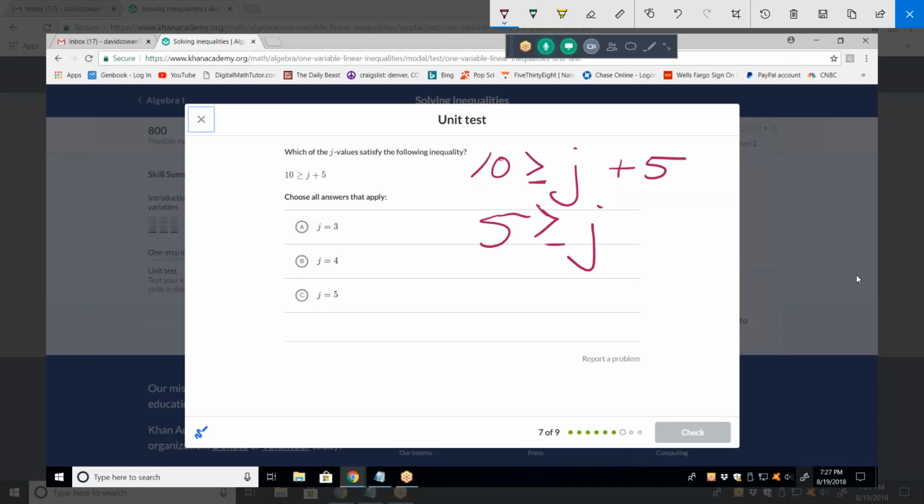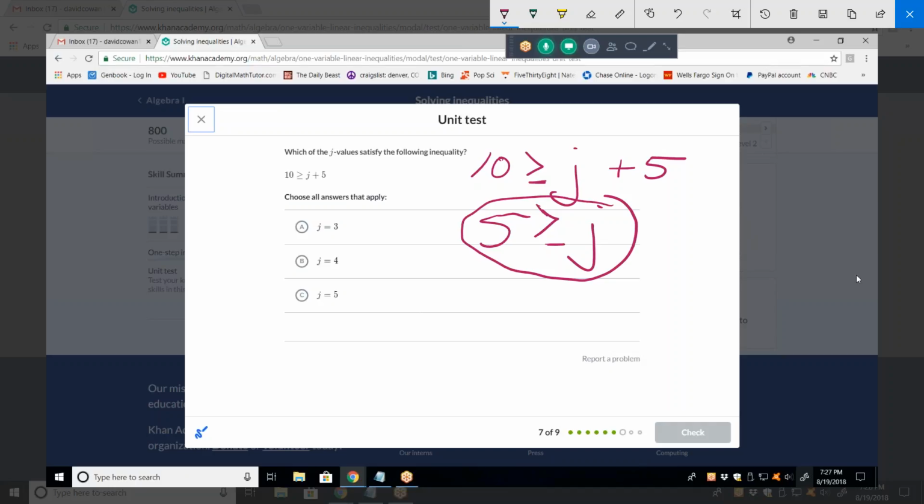For an equality, it doesn't matter. If you're solving an equation, then I'd say put the variable on whichever side gives it a positive coefficient, not a negative one. But when you're solving an inequality, this can really throw people because the j is on the other side and they're not quite sure how to interpret it.